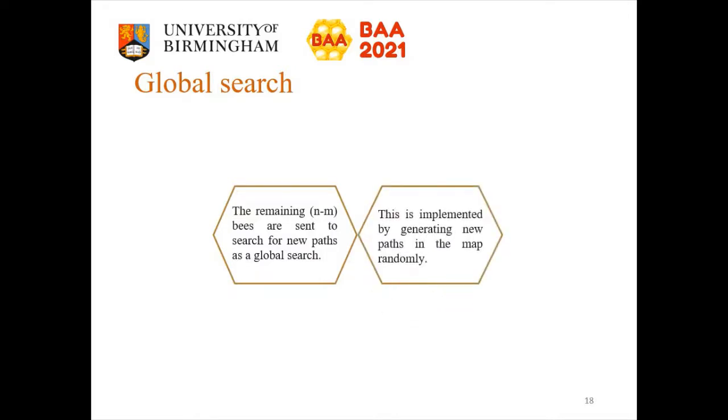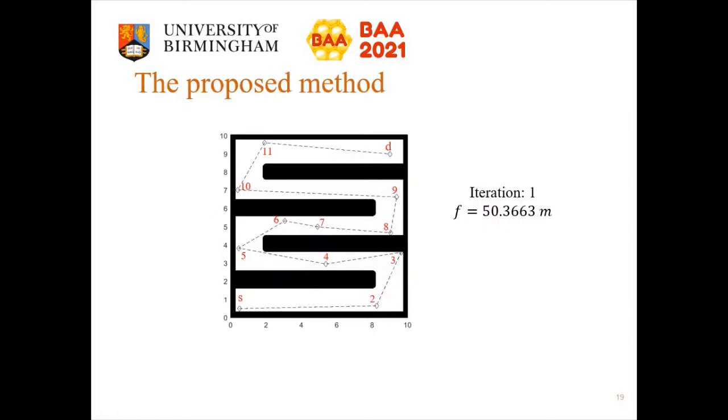Next slides show the evaluation of the obtained path through the main loop of the bees algorithm. The first iteration begins with a path length of 50.3663 meters.